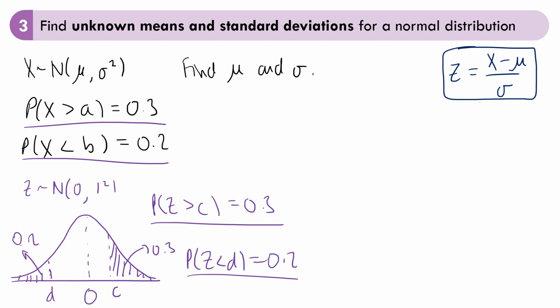Once we have these values of c and d, they will give us our z for these equations here, and the x values are given by a and b.